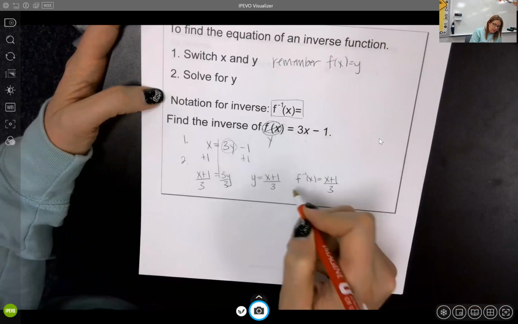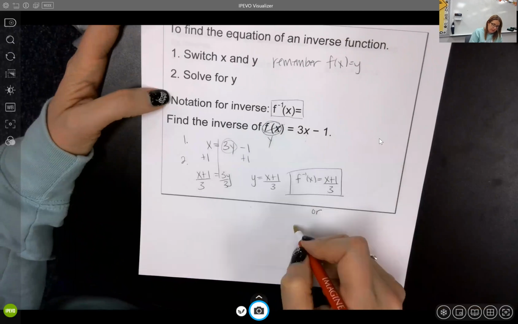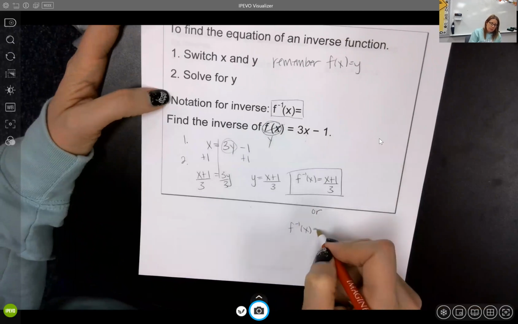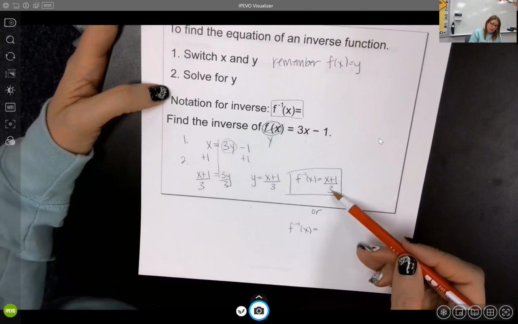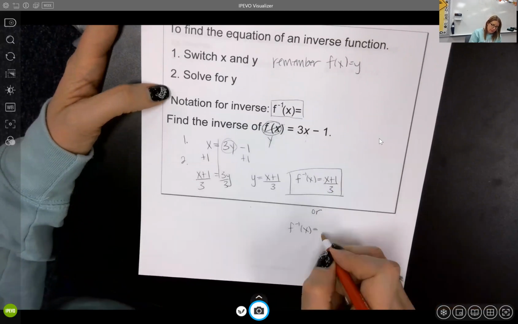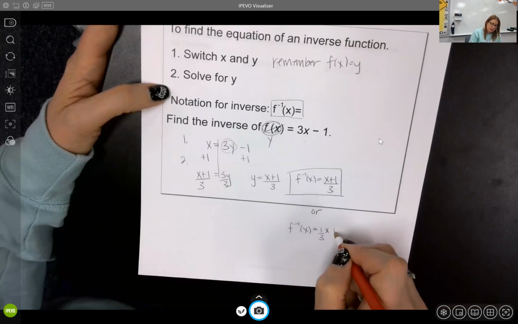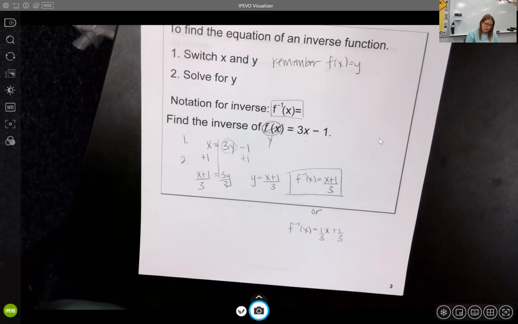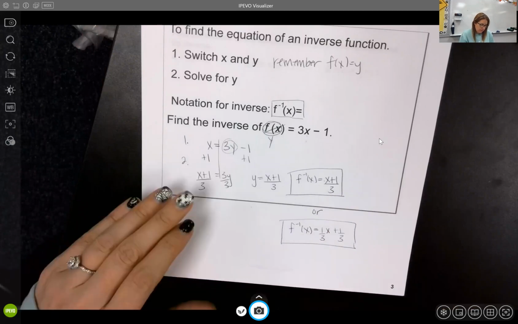Okay. Another way you might see it, and different programs will accept different answers, but they would split this, instead of putting the x plus 1 over 3 like this, they write the 3 under the x, so that would be 1/3 x. And then they write the 3 under the number, so that would also be 1/3. So this way or this way, it's the same thing, okay?